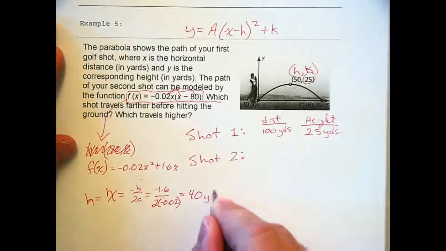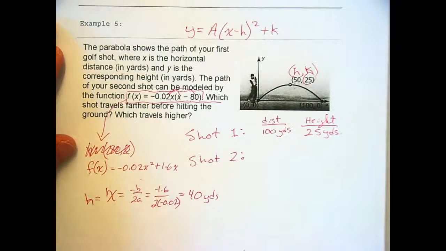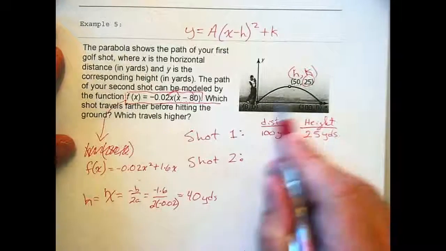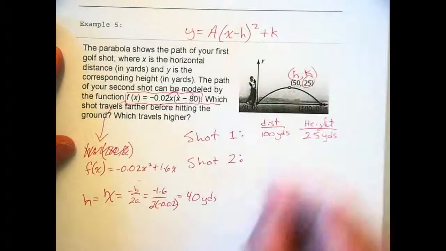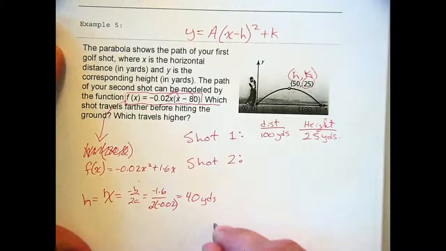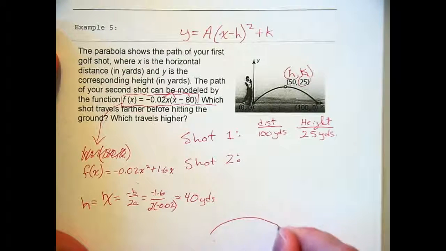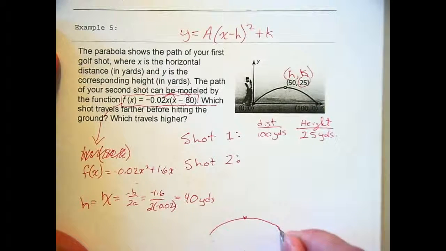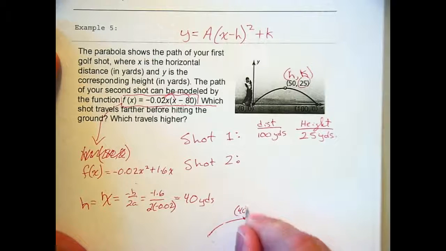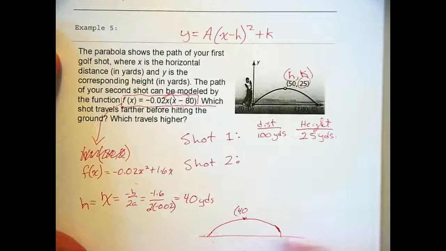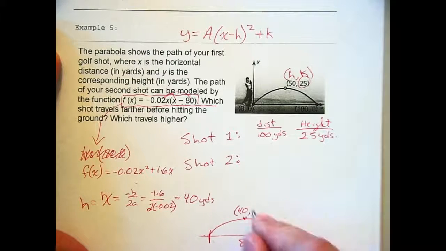Well, that tells our halfway distance, which means our total distance is what? 80, okay. So if our halfway is 40, so this entire length from here to here is 80. All right?